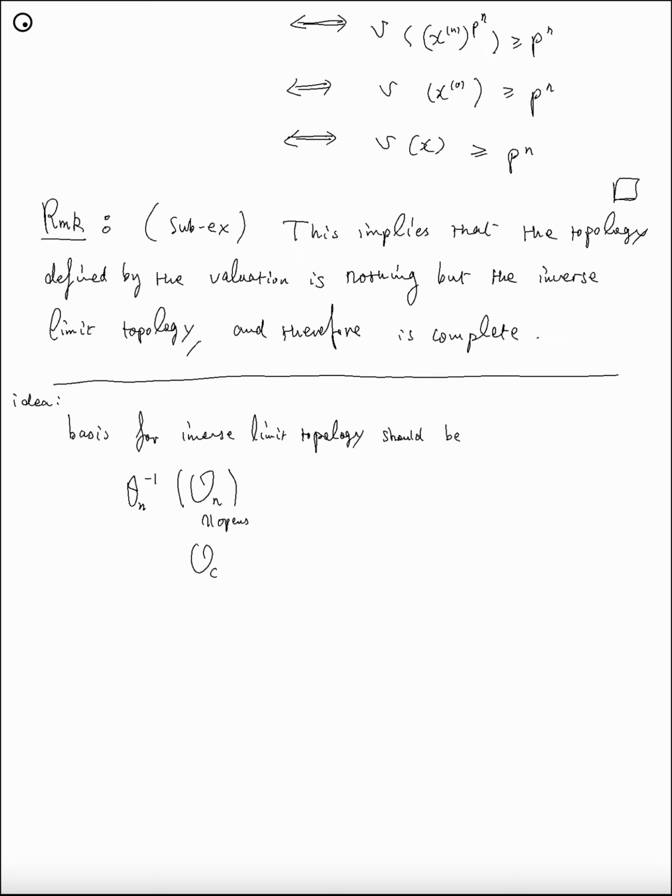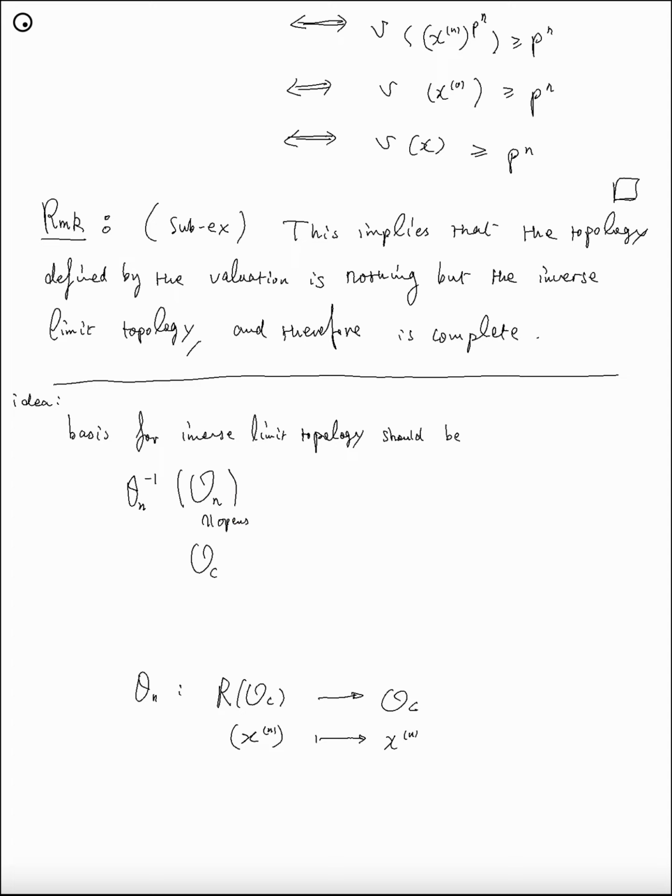It depends on how you map it, right? Let me just modify my theta to be the map from R O_C to O_C, X_n maps to X_n, and then the inverse limit topology should have its basis.